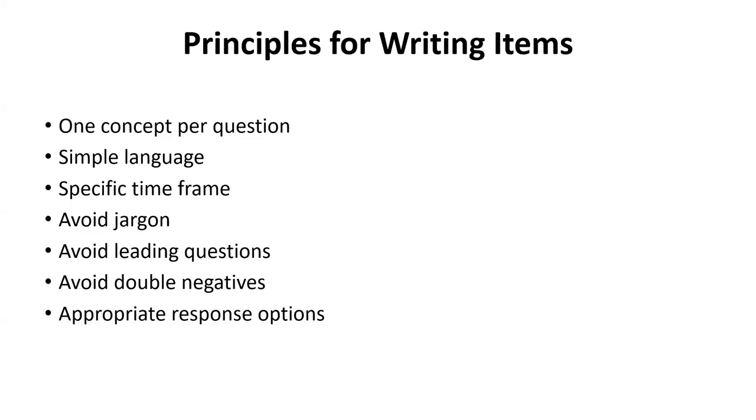Again, this we have already seen: there are multiple concepts, so you have to ensure that you are covering only one concept in one question. Use simple language. Do not use any jargon. Be specific about the time frame for which you are collecting the data, and the response should be restricted. Avoid leading questions and double negatives, and when you are giving response options, ensure that they are appropriate in nature.